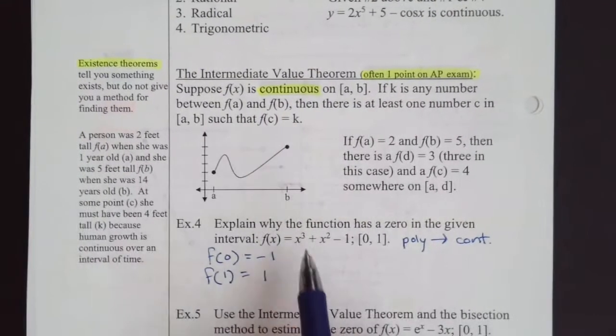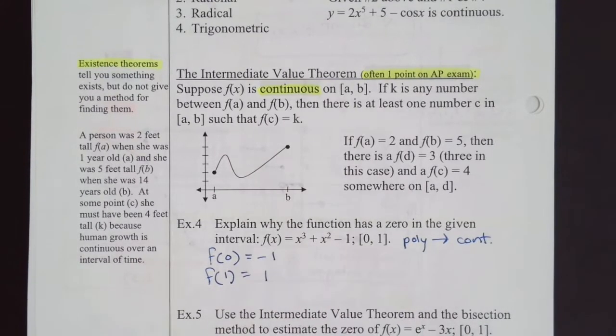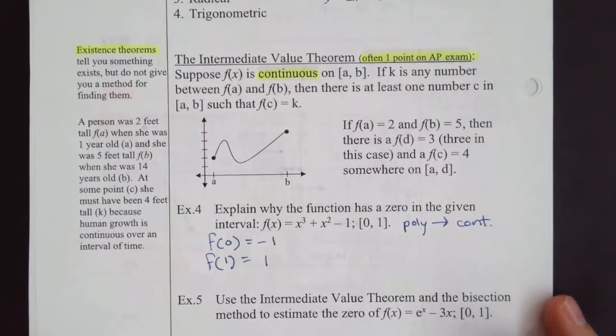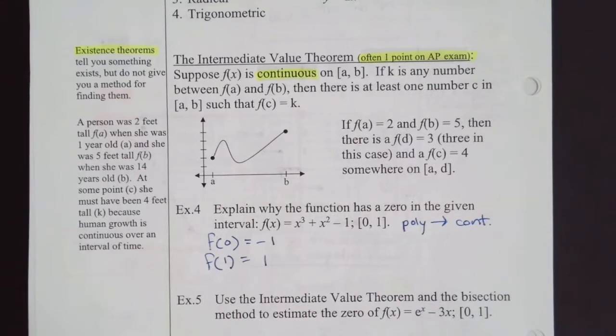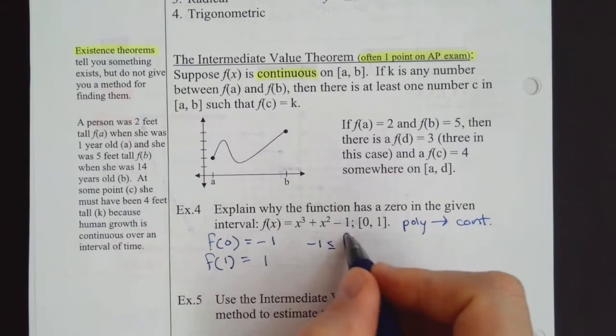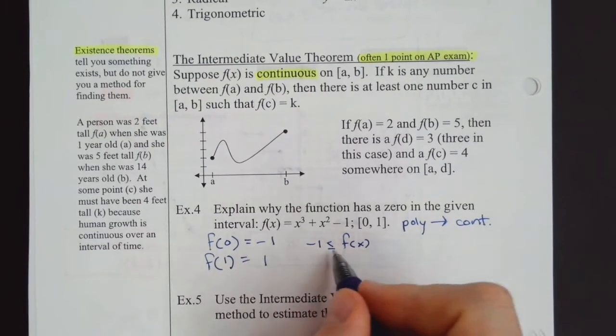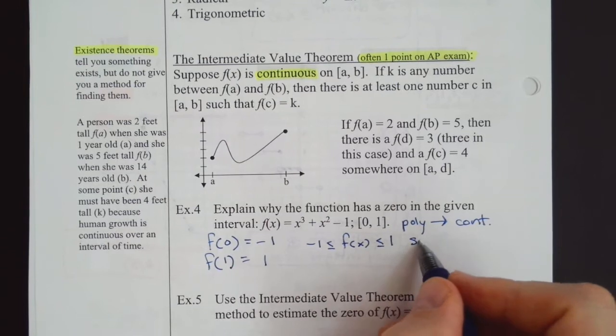Now that we know it's continuous, we know that we have to have all the values in between. All the values between 0 and 1 have to exist. So since it started out at -1 and it ended up at +1, that means -1 is less than or equal to f of x is less than or equal to 1.